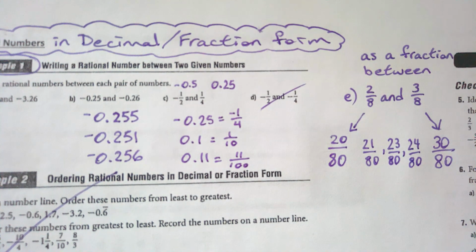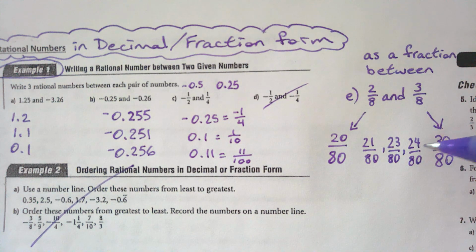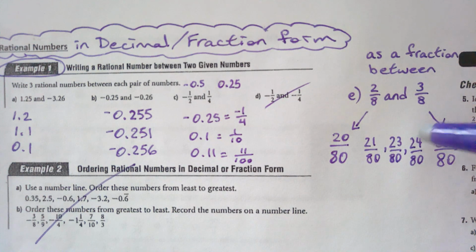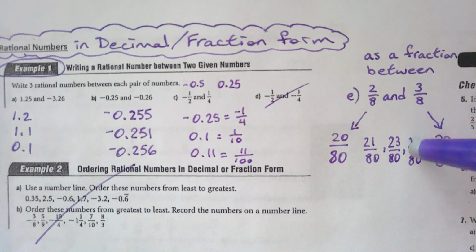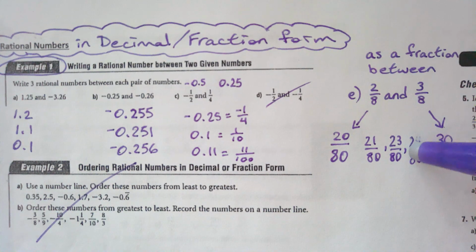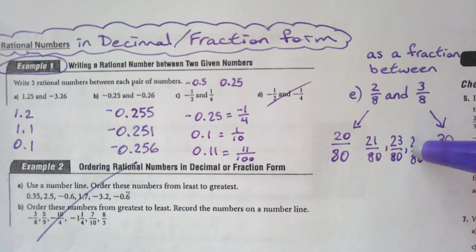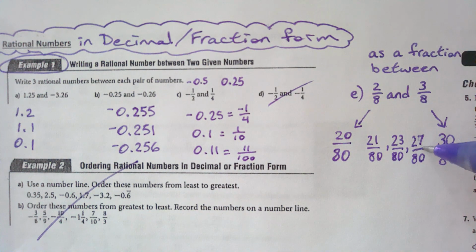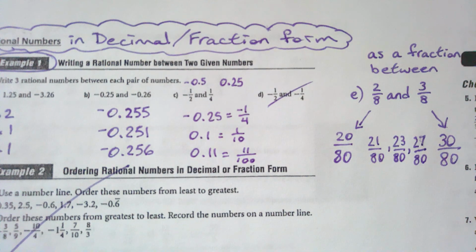Oh, simplification. Yeah. Okay, so 24 over 80 can be reduced. Okay, so when you make your choices, maybe choose your numbers carefully. So yes, you can, but you have to make sure you reduce. Otherwise, maybe choose 27 over 80, for example. Then you don't have to worry about simplifying.